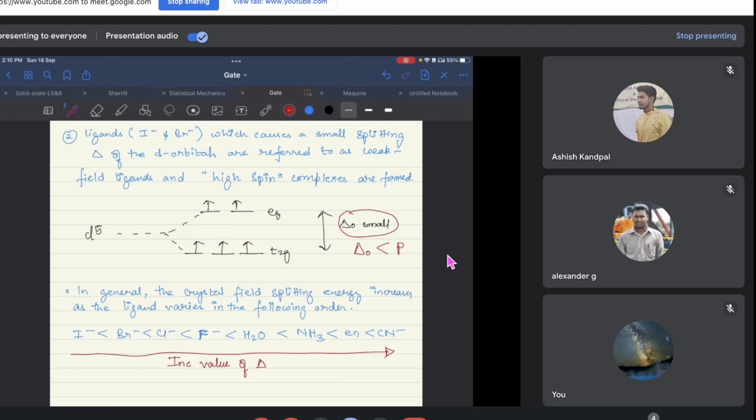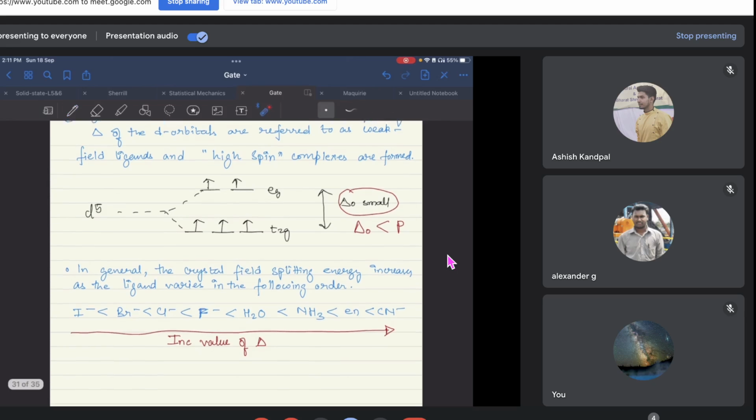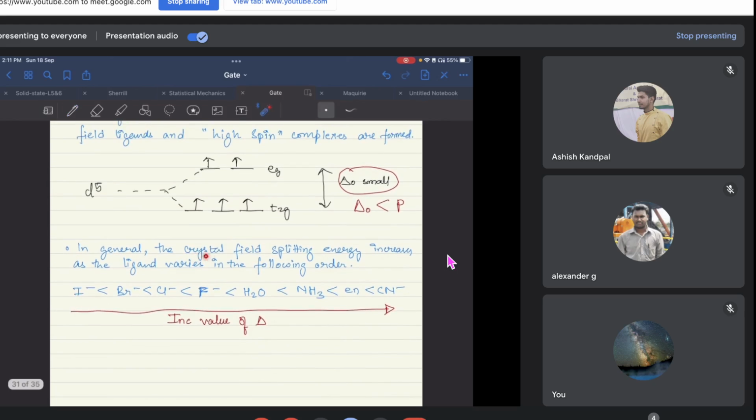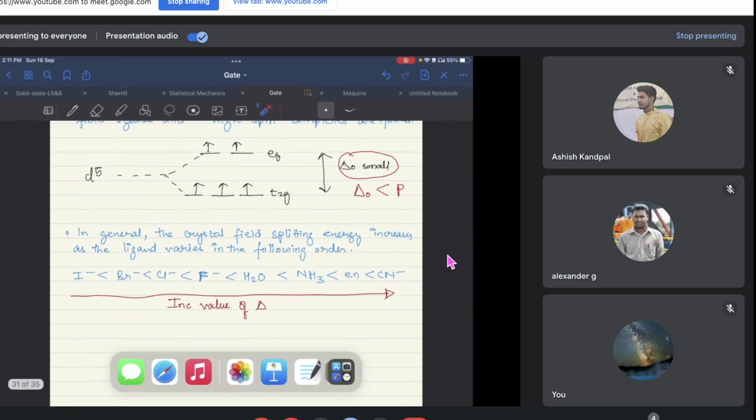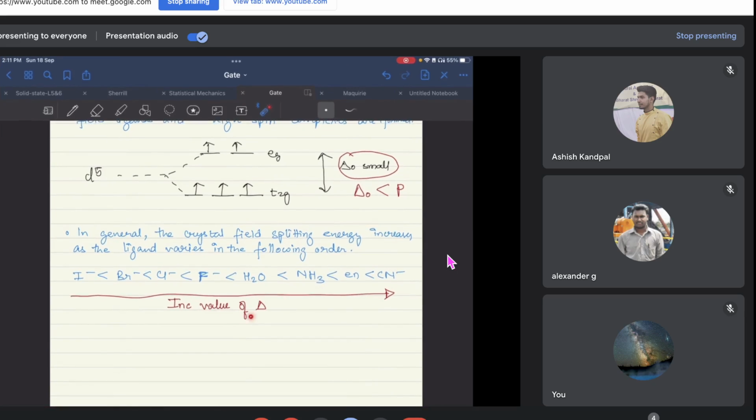In general, the crystal field splitting energy increases as the ligand varies in the following order. This is the increasing value of Δ, from I⁻ to CN⁻. So CN⁻ is the strongest field ligand, which will make the Δ₀ splitting very high.